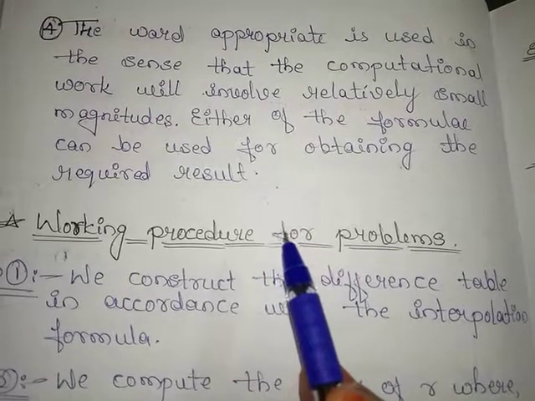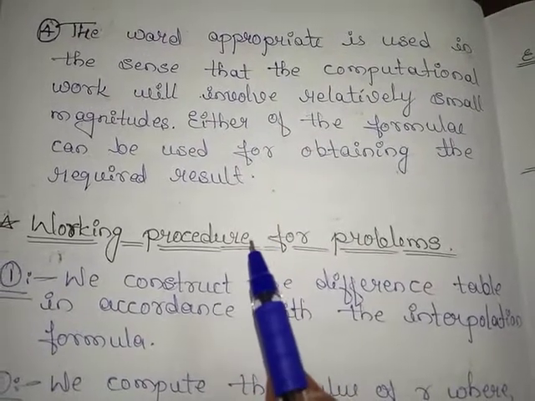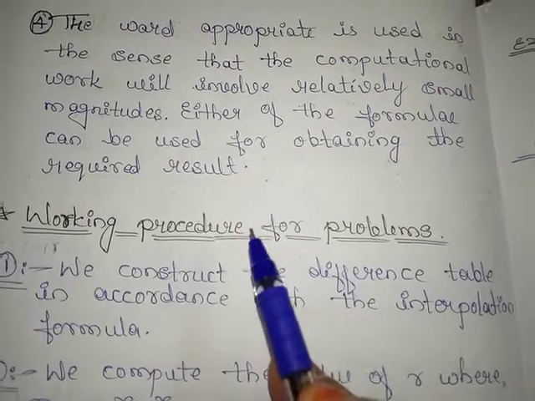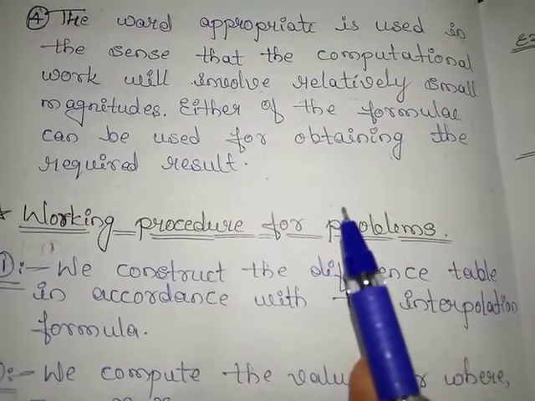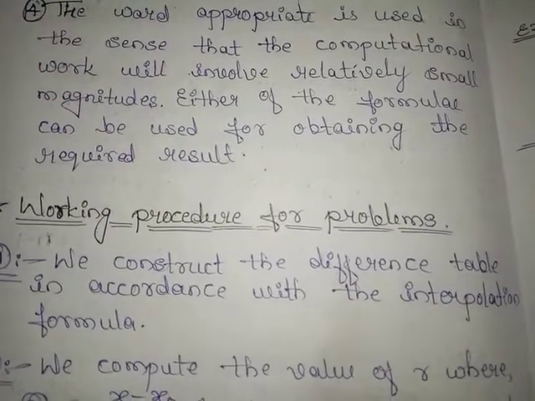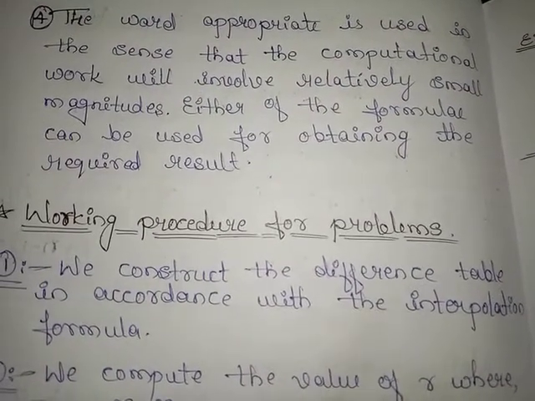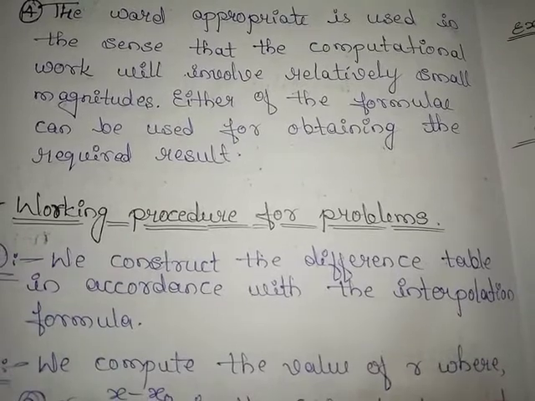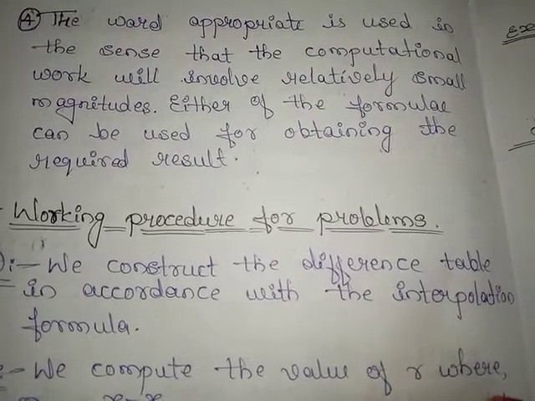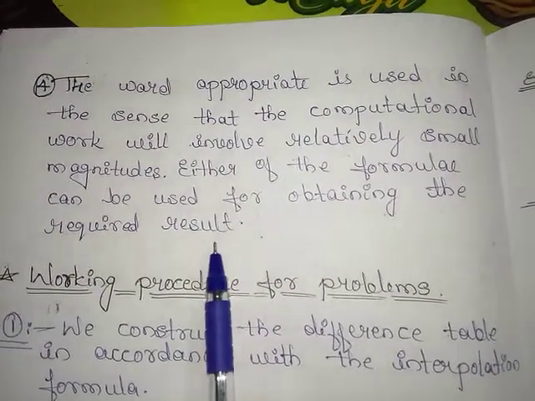Not necessary means there is no condition that we must use the forward interpolation formula when x lies in the first half, and for an x value in the second half, we have to use the backward interpolation formula. This is only for our convenience, for our easier calculation. We may use any one of them to get the required result.